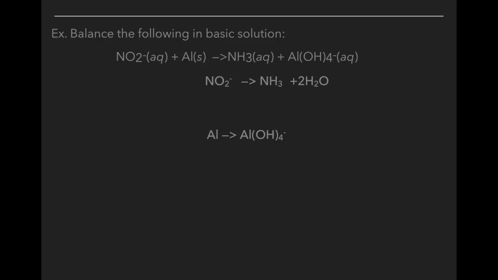Now notice I have 7 hydrogens on my product side, which means I'm going to add 7 hydrogen ions to my reactant side. And so the only new thing that I have to do now is simply add 7 hydroxides to my reactant side and 7 hydroxides to my product side, because this is a basic solution. The last thing that you have to do is figure out your electrons.